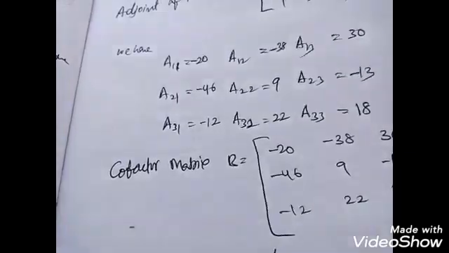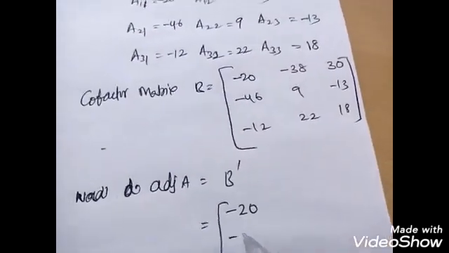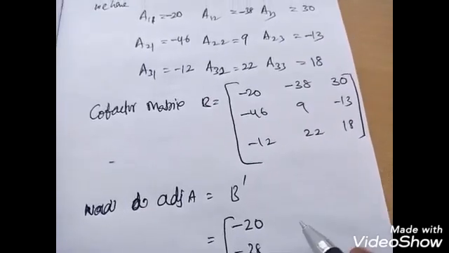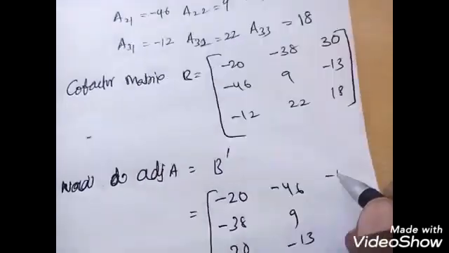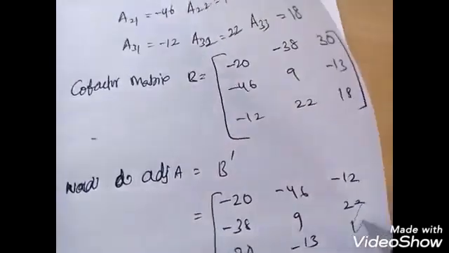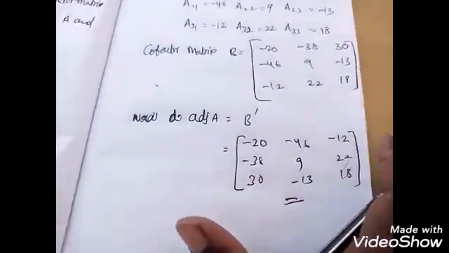Observe and write that: minus 20, minus 38, 30, minus 46, 9, minus 13, minus 12, 22, 18. This is the adjoint of the given matrix A.